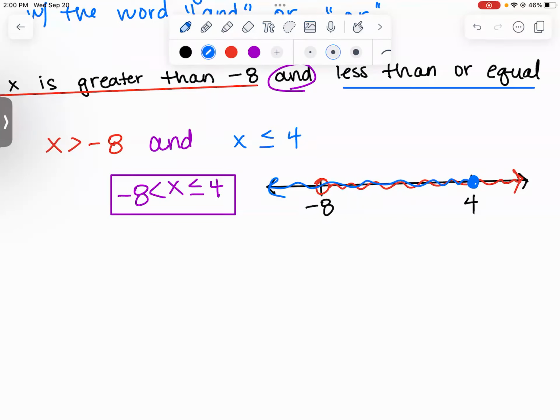Well, if I'm asking for and, I'm asking for where they both are happening. So my solution is this right here. Whenever this -8 is less than or equal to 4.